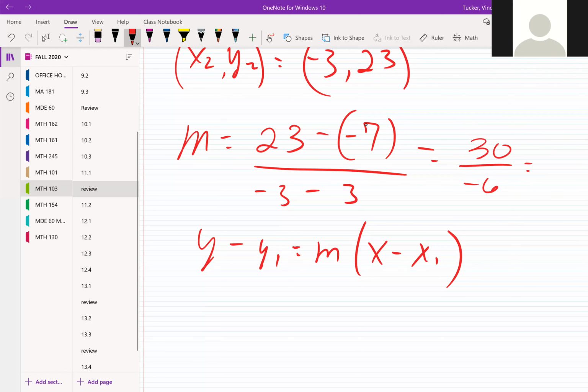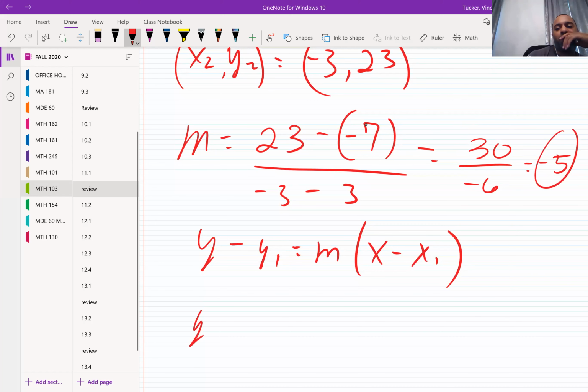For my slope, let me find it through my papers. I got -5.